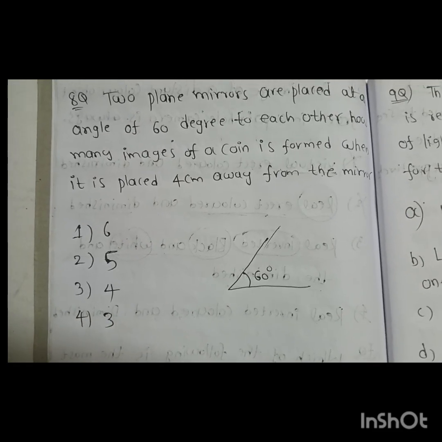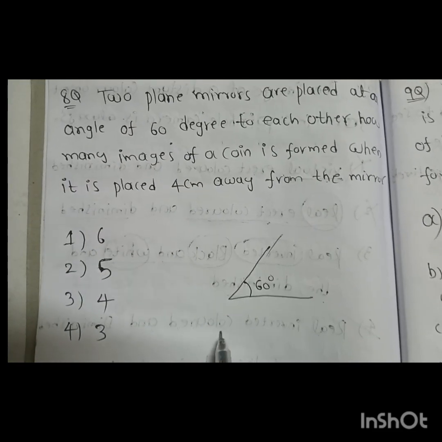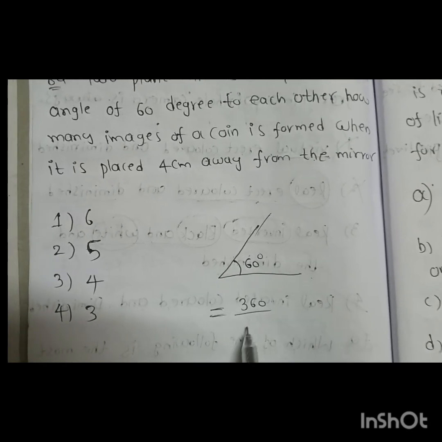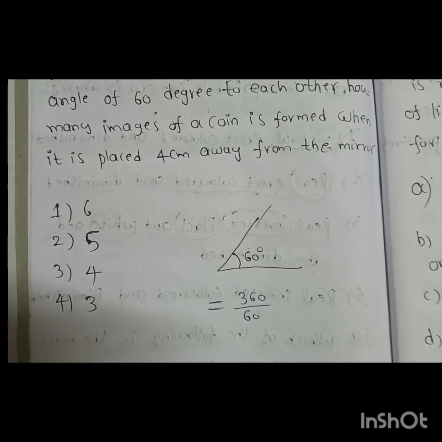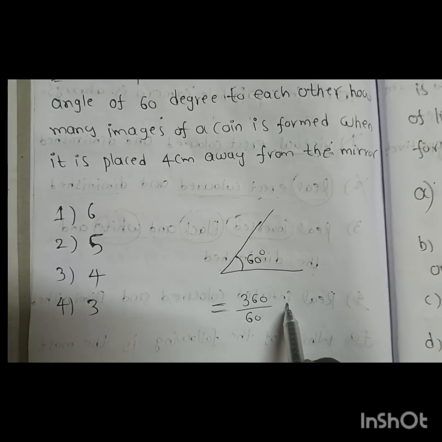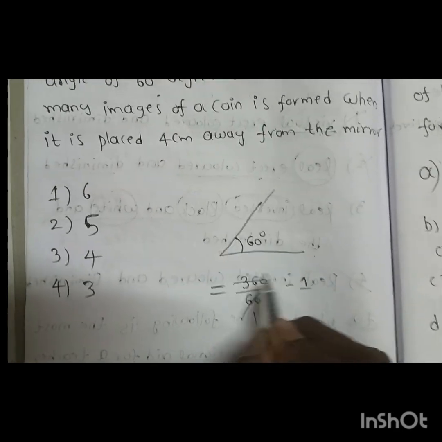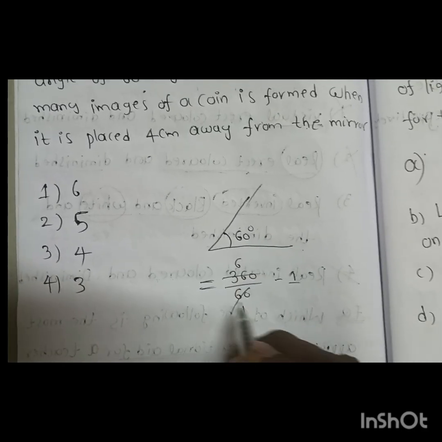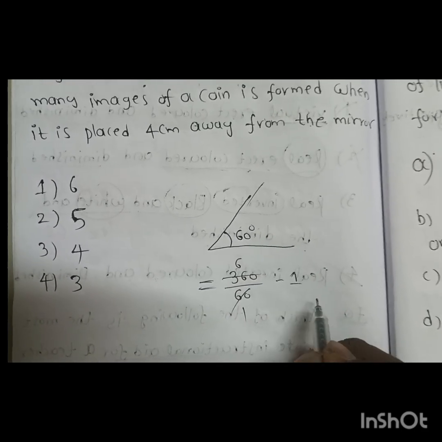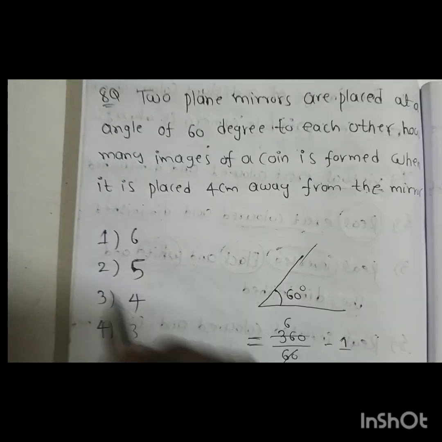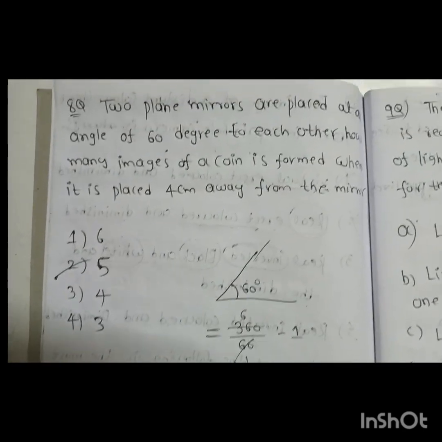So the formula for the number of images is 360 divided by the angle, that is 60. If the result is even, then you have to subtract 1. So 360 divided by 60 is 6, and 6 minus 1 means 5 images can be formed. So which is our option number 2.